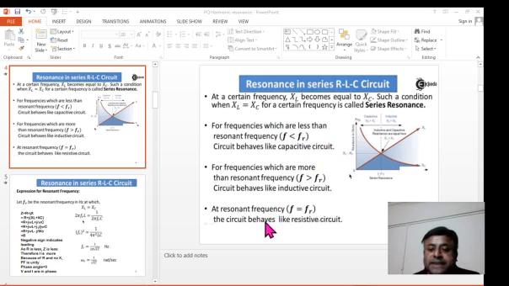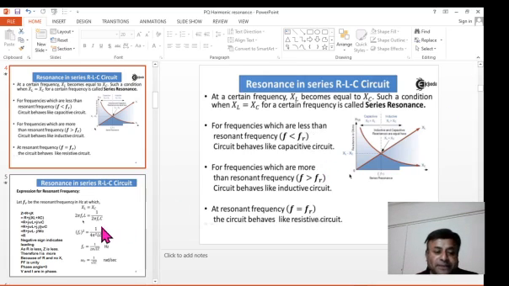In the second case, the frequencies are more than FR. Here the circuit is an inductive circuit, which has a lagging PF. And the middle one, where f equals FR, is the resonant frequency. So these are the three conditions of frequencies as compared to the resonant frequency FR.